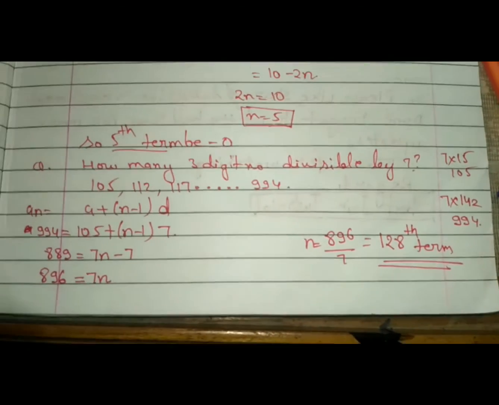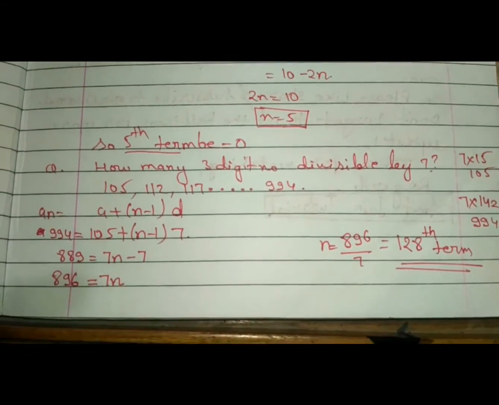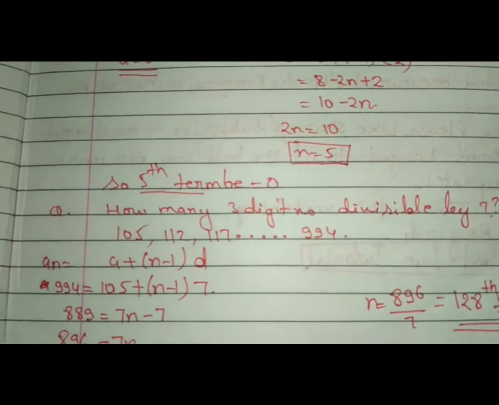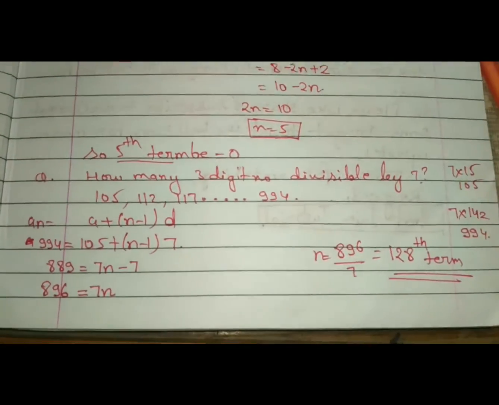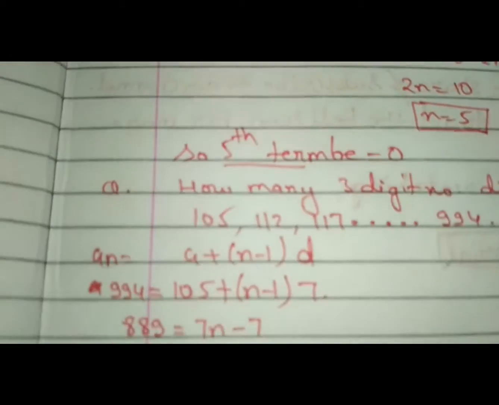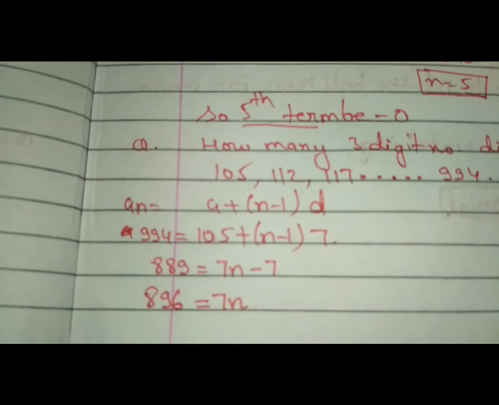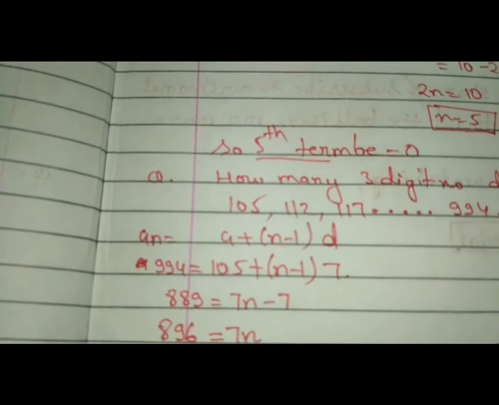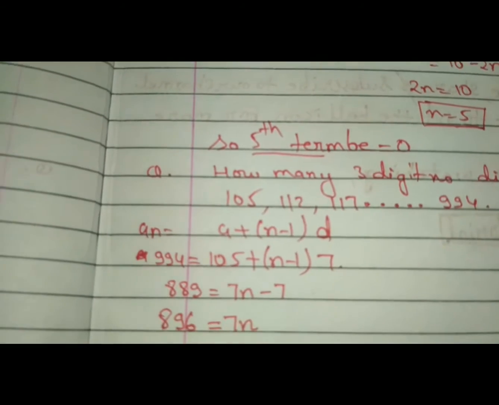Then next question, how many 3 digit numbers are divisible by 7? That is 105, 112, 119, to 994, we have been given an AP. So an is A plus n minus 1 into D. So an is equal to 994, that is equal to 105 plus n minus 1 into D, which is 7.